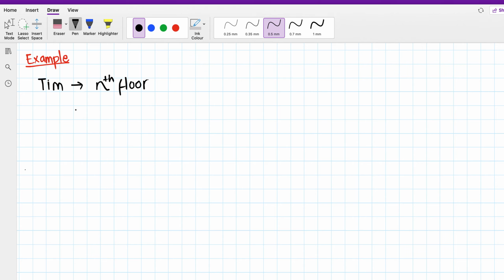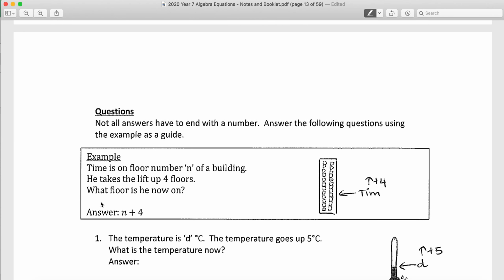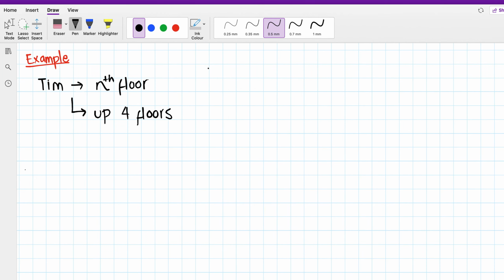What floor is he now? I'm going to draw my building, and I'm going to draw it as if it could go forever, agree?